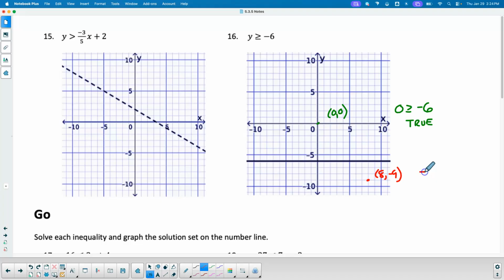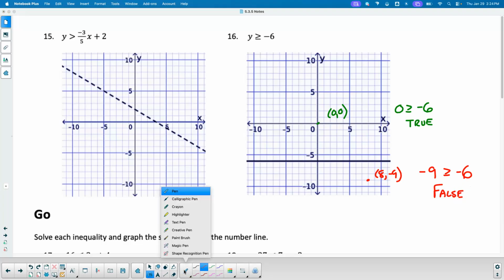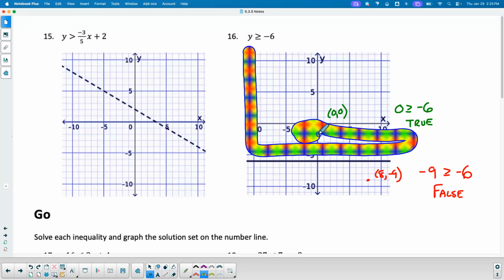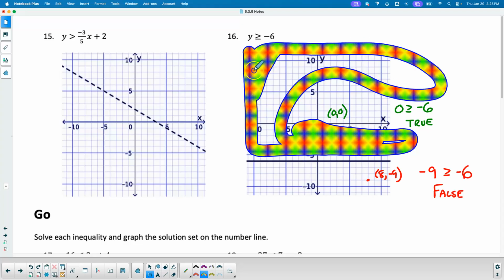So this would just be negative 9 is greater than or equal to negative 6. Is that a true or a false statement? That is a false statement because negative 9 is actually smaller than negative 6, not bigger. So it was asking you then to shade this side. I wanted to still show my work, that's why.